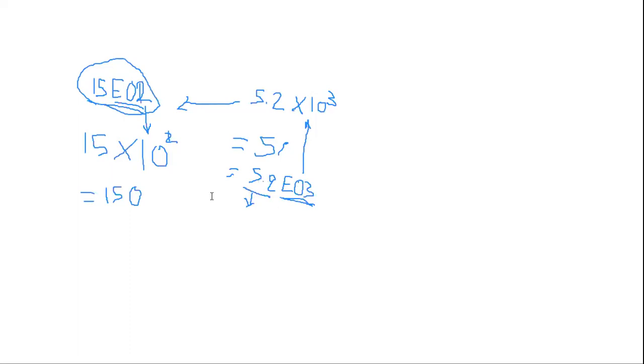This is the mantissa. And E03 is called the exponent. So 5.2 here is considered the mantissa and E03 is considered the exponent. Have you all understood?